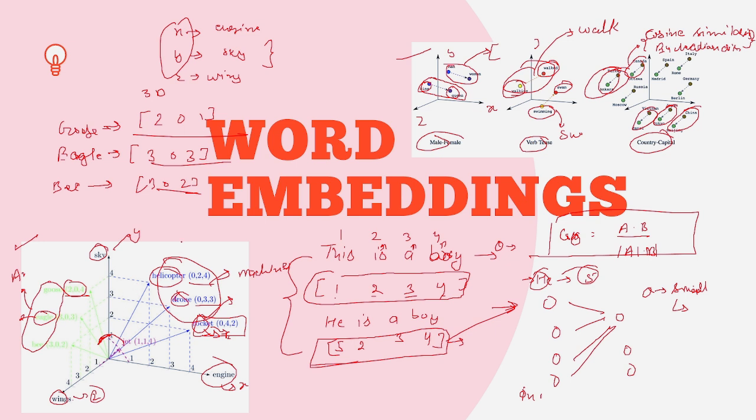I hope you understand what word embeddings are. Basically, word embeddings are the numerical representation of text. And we already know since 11th and 12th class what vectors are. Vectors represent in a dimension and have magnitude as well as direction. So I hope it is clear what word embeddings are.